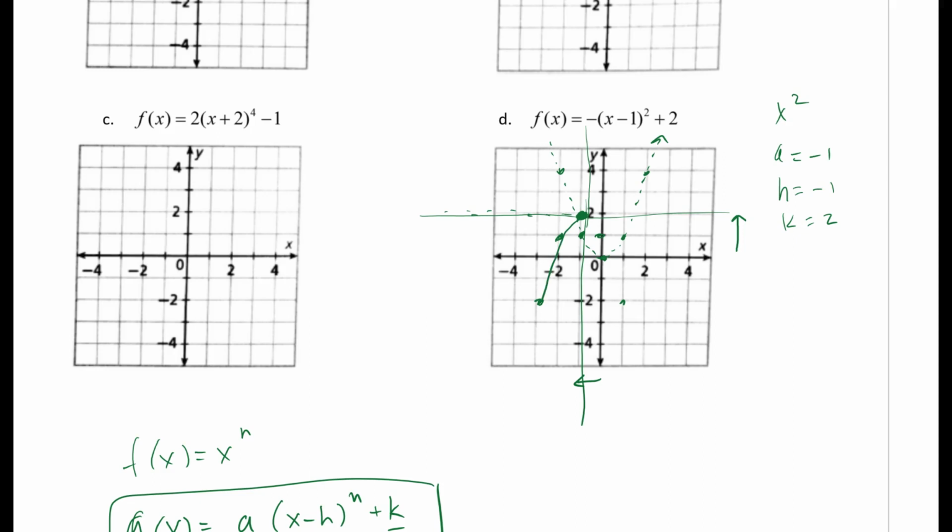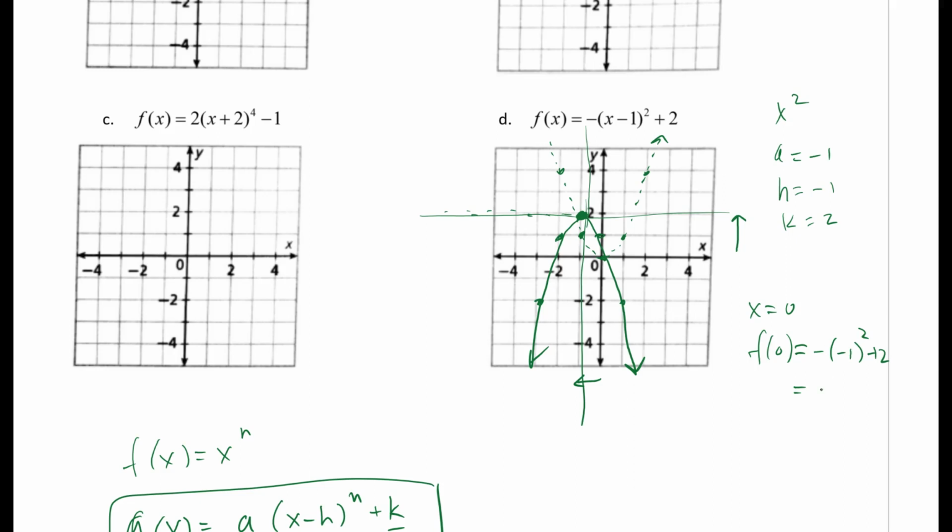So that's right here. If you do get stuck, you can always just put a point in. Let me show you what I mean by that. If, for example, I put x equals 0 into f of x, f of 0 is negative 1 squared plus 2. Negative 1 squared is 1.